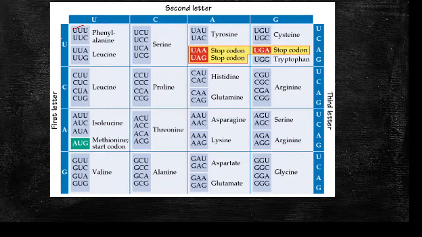On the left side you need to write 4, that is the first letter represented in the codon. In each box you should represent one nucleotide. Here U denotes uracil, C denotes cytosine, A denotes adenine, and G denotes guanine.